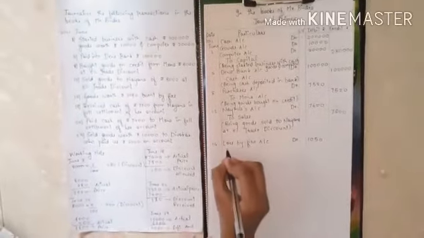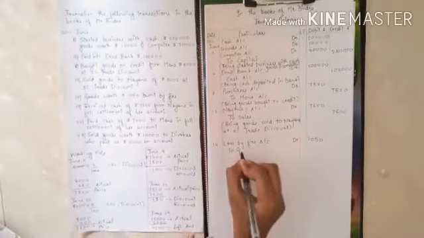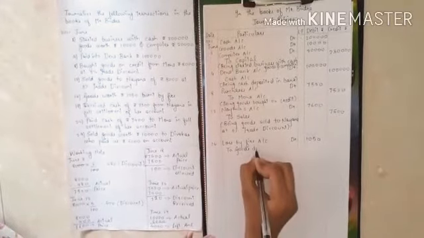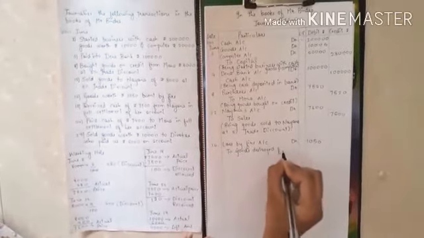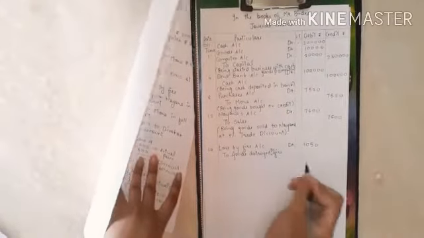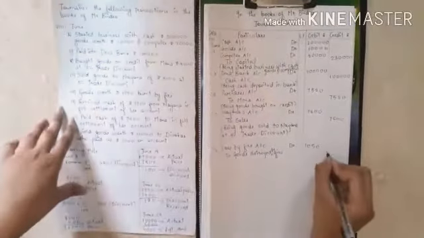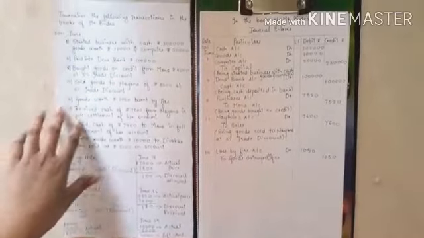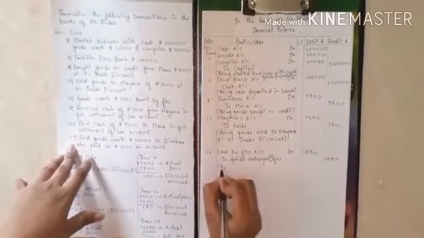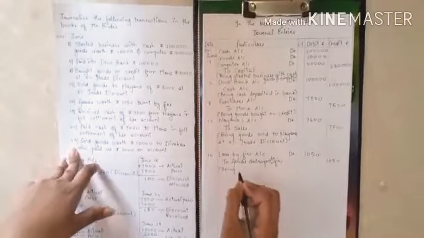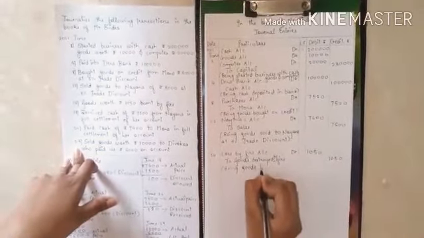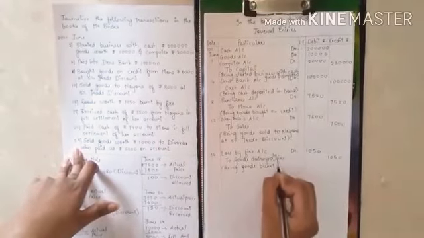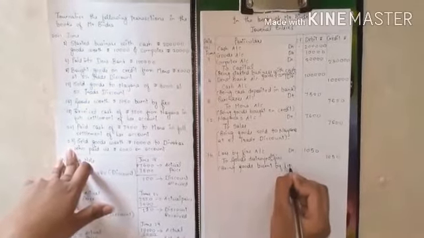So the second effect will be the goods destroyed by fire, 1050. Narration, being goods burnt by fire.